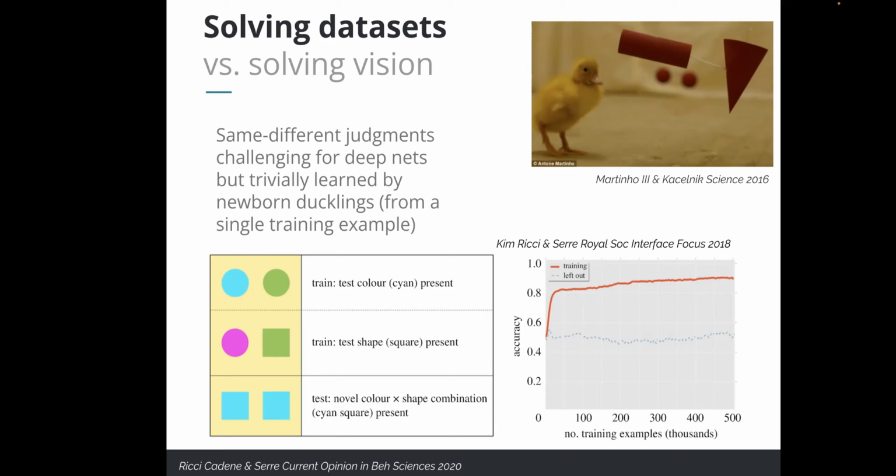I'll skip the details. We've done a lot of work on this. I'll just give you the high level summary. We have shown computationally that in order for deep neural networks to learn to solve this task, there is a very simple mechanism that can allow them to do this. And it's just allowing them to, or spoon feeding them with, a visual scene that has been perceptually organized for them. In other words, they would need an ability to attend to individual objects and solve the so-called binding problem.